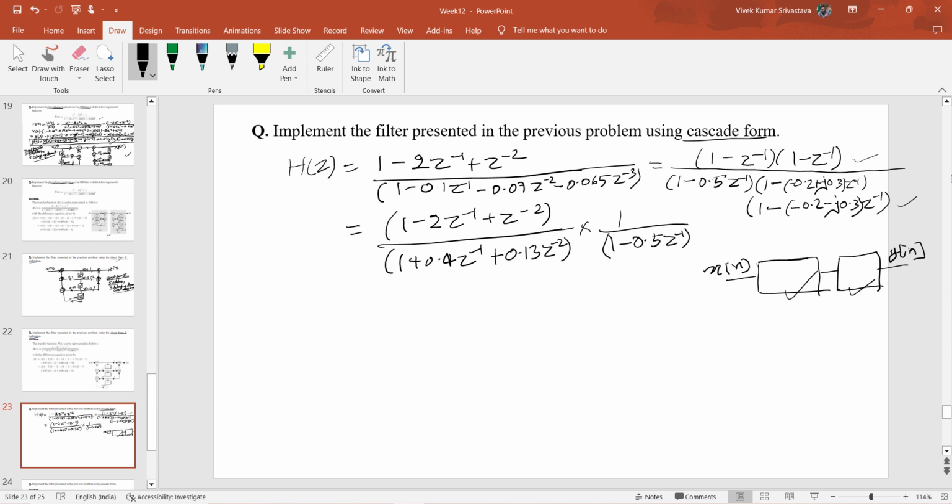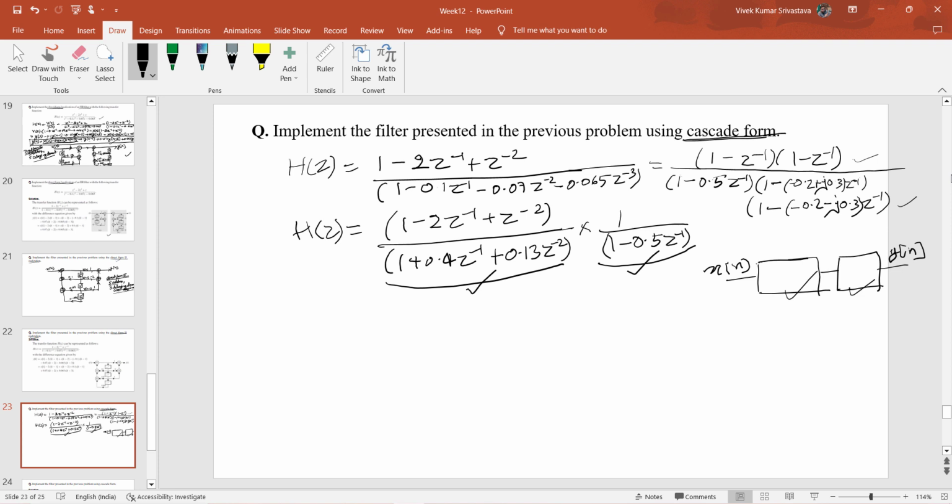So this shows that H of z is realized by multiplication of these two transfer functions. We will first realize these two transfer functions individually, and then connect them in series, so as to realize the cascade form.